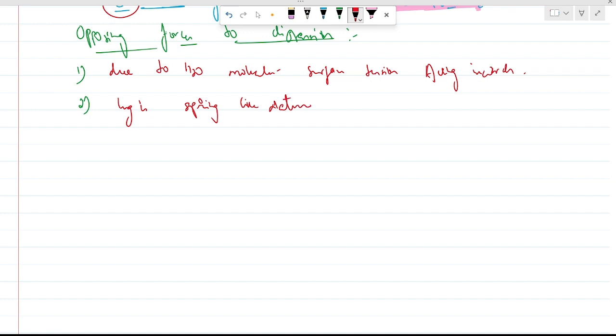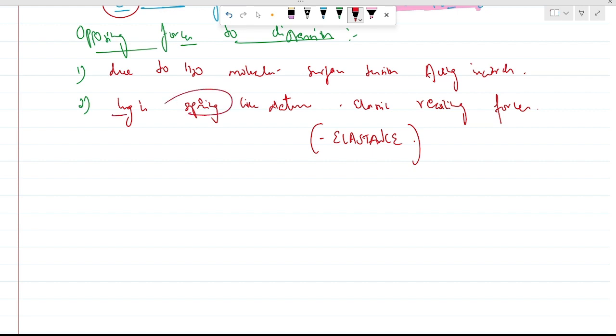Elastic recoiling forces. These are elastance. The lung is like a spring.